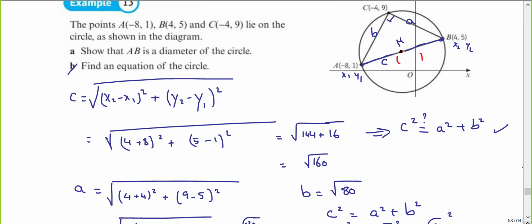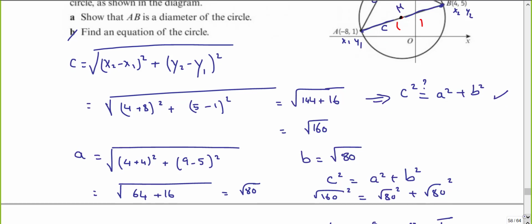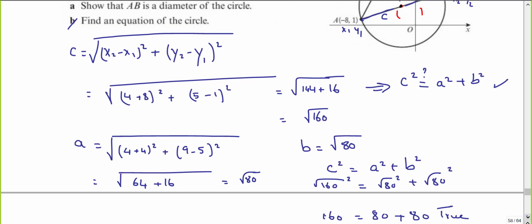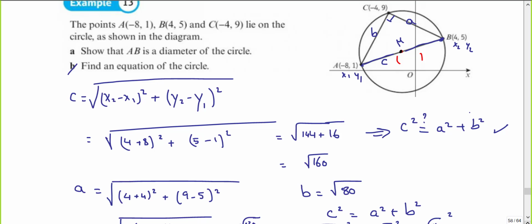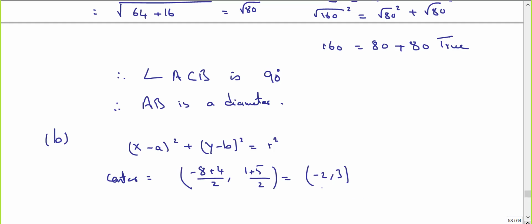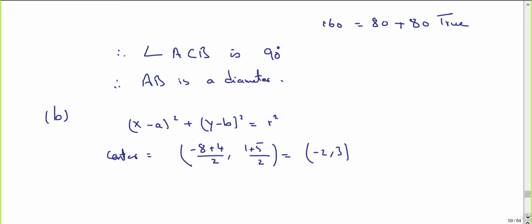We substitute. Substitute what exactly? The values of x and y. Which x and y? You mean the midpoint? Yeah. You substitute the midpoint, negative 2 and 3, substitute it where? You know how it's x minus a squared plus y minus b squared? No, no, it's not like this.